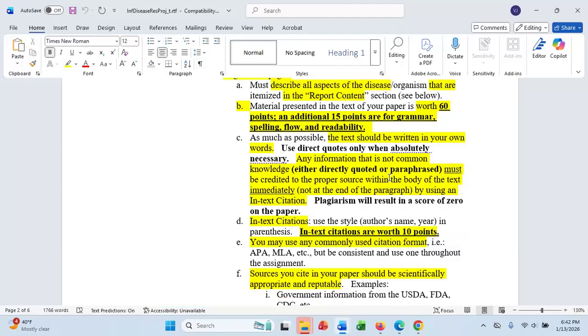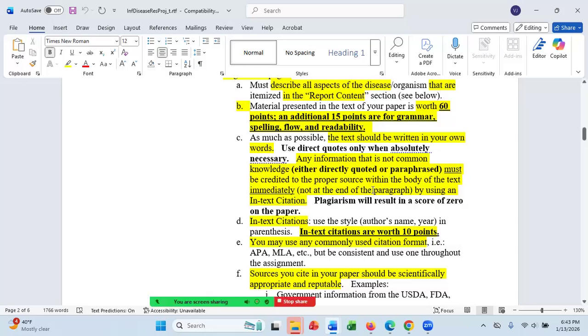Any information that is not common knowledge that you got either in a quote or paraphrased in your own words, you must cite, giving a proper source within the body of the text immediately after the sentence, unless all of the sentences in the paragraph refer to the same source. So you don't have to say first sentence, reference one, second sentence, reference one, third sentence, reference one, and so on.